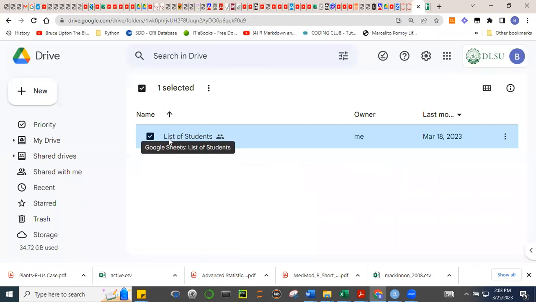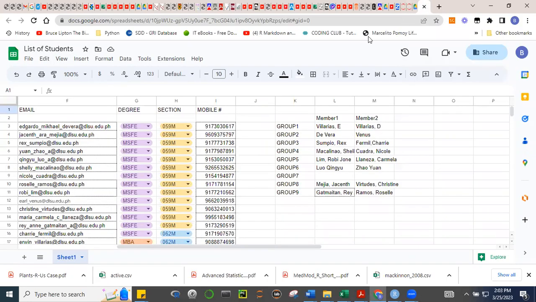Jason and Christine, please occupy group 7, and Ray and Rosel, group number 8, because group 7 was empty. So I now open the breakout session for 5 to 10 minutes, and then I'll ask the groups to show your answers in class.